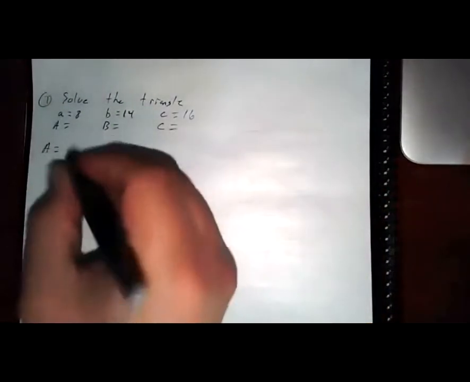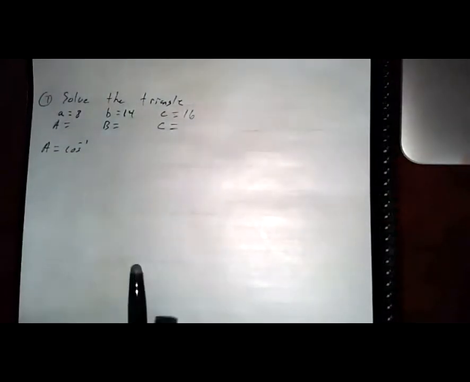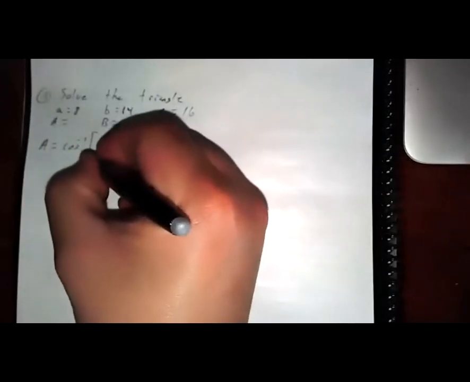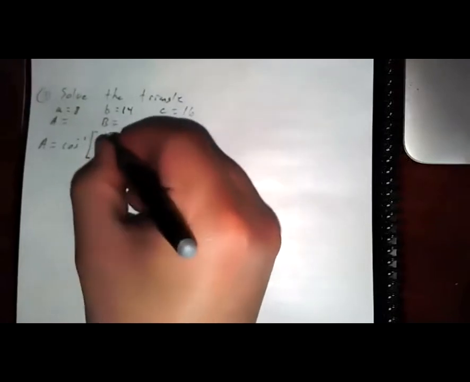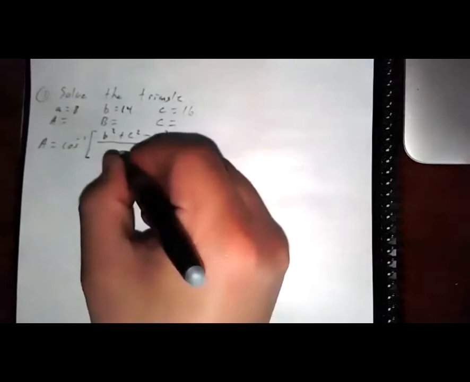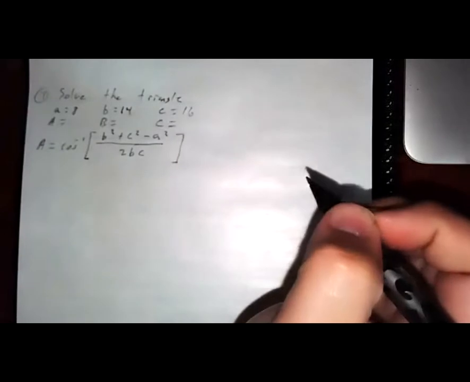A will be equal to cosine inverse of B squared plus C squared minus A squared over 2BC.